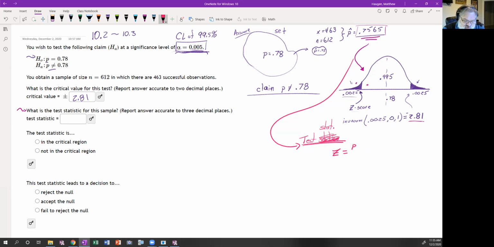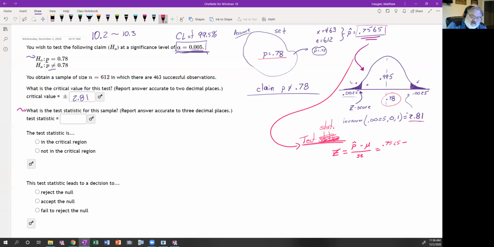Our test value minus the mean of our distribution divided by the standard deviation, which in this case is a standard error. Now our proportion here is that 0.7565. The mean of this distribution is that 0.78. Now you might be thinking, wait, that 0.78 is our proportion, not a mean.